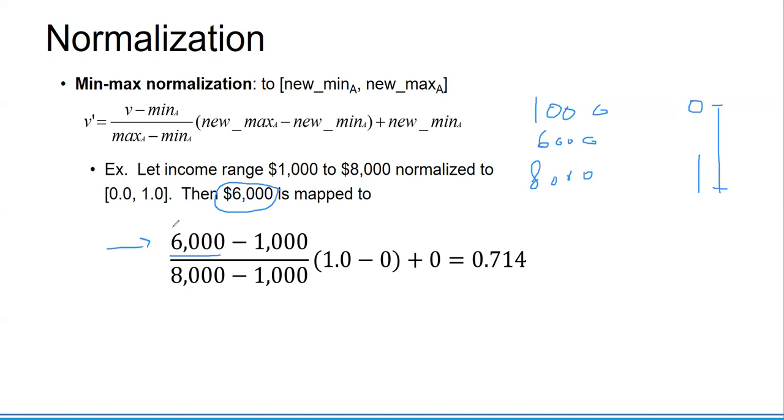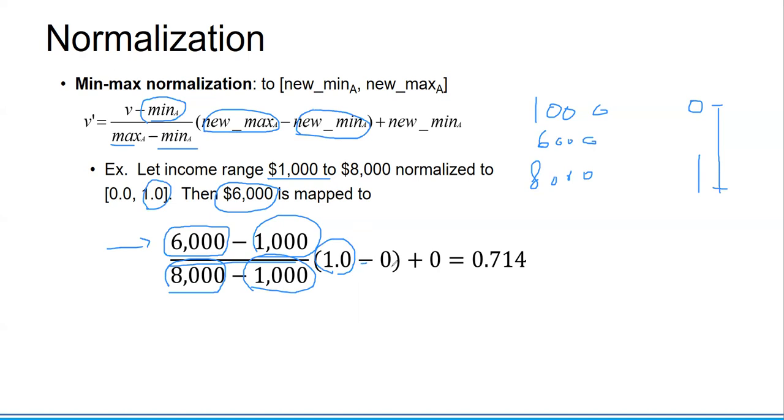6,000 is the value we want to find the new value for, and the minimum is 1,000. So 6,000 minus the minimum 1,000, divided by 8,000, which is the maximum, minus the minimum, 1,000, and we multiply with the new maximum minus the new minimum, which is 1 minus 0, plus the new minimum, which is 0.